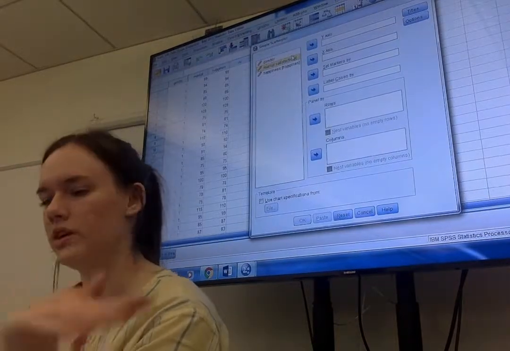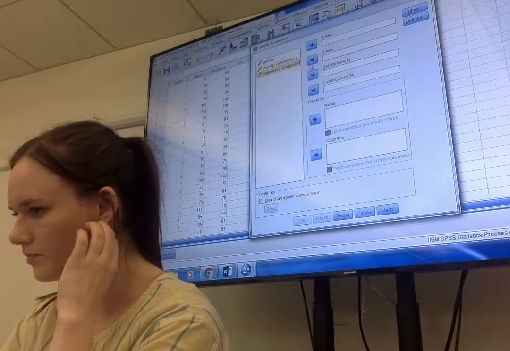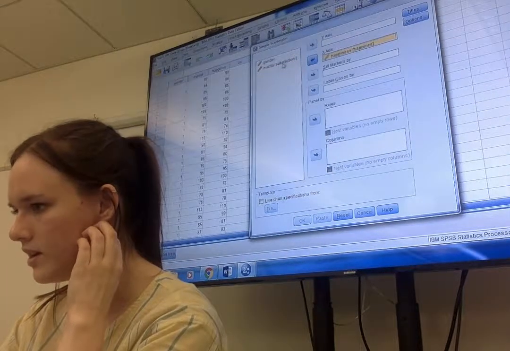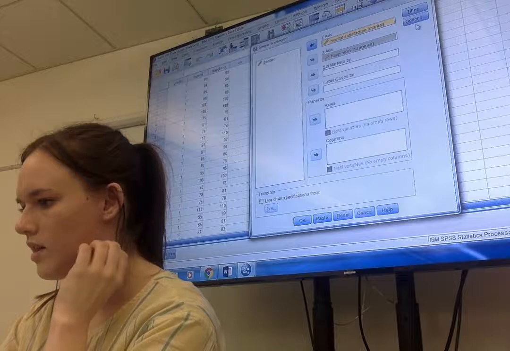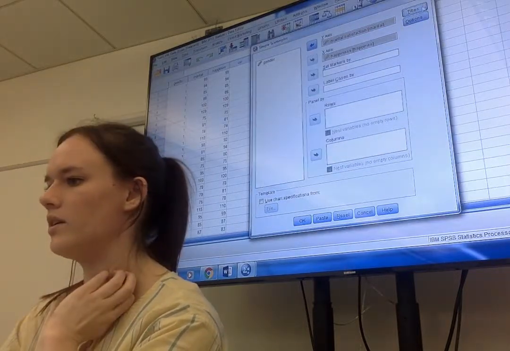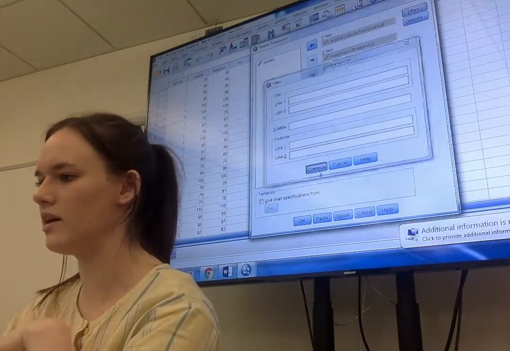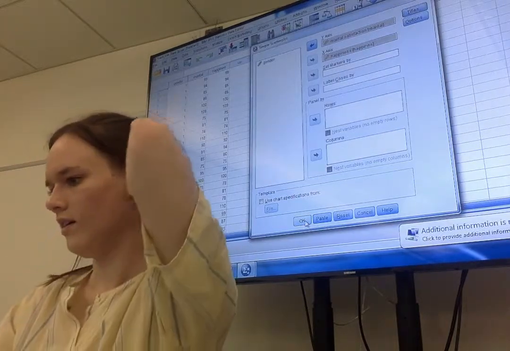And then remember which one you're going to put on the y-axis and the x-axis. I'm going to put happiness down there. And then you shouldn't have to put anything else. Unless you want to make it look fancy, you can put titles and stuff, but we don't really need that.